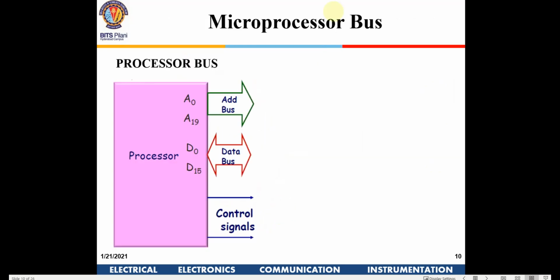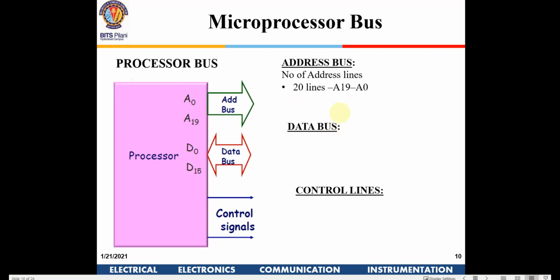Then we will hear a lot of these terms: bus, address bus, data bus. A bus is nothing but a set of wires which interconnects the processor with the memory. Memory could be RAM or ROM.